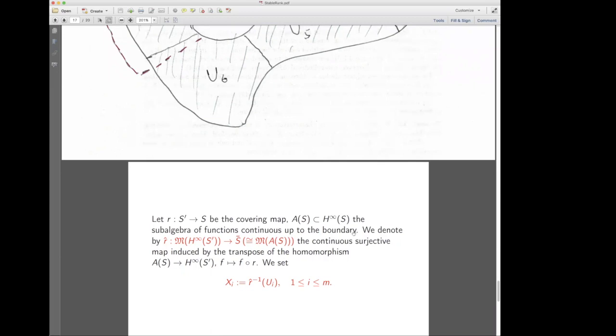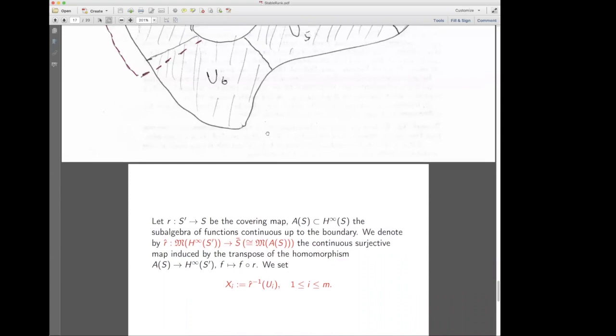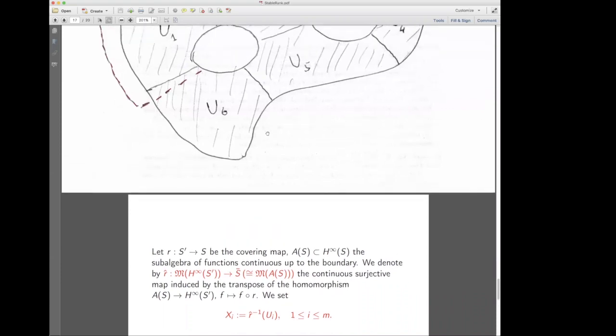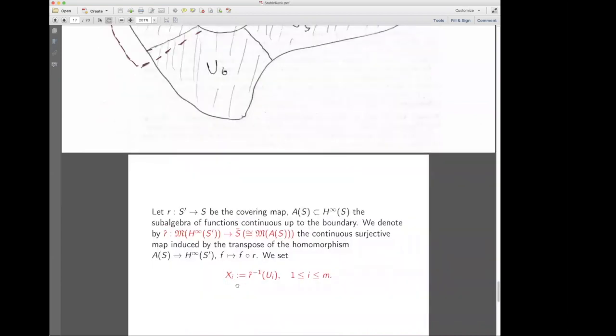It's easy to check, and it is well known, that the maximal ideal space of this algebra is just the closure of S. So in particular, we have that R hat maps the maximal ideal space of H infinity of S prime into the closure of S. Now we decompose this closure of S as before, and then take as our subsets Xi in the proposition the preimages under R hat of these sets Ui.